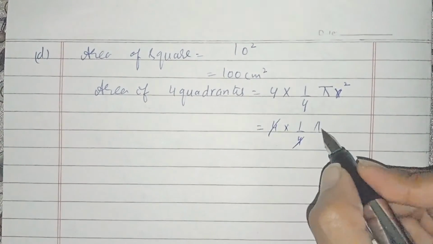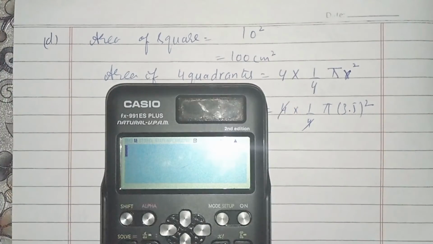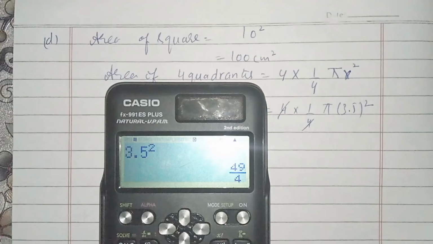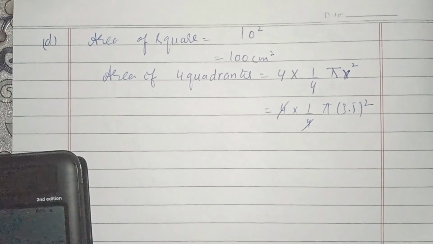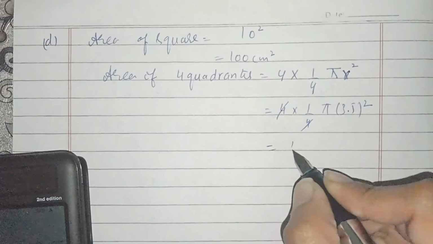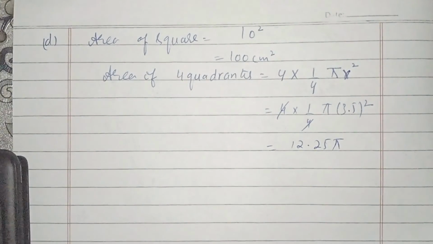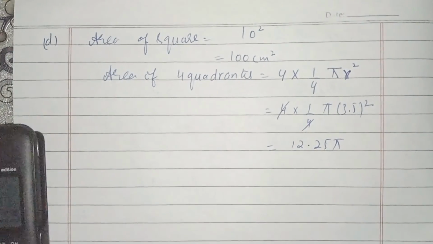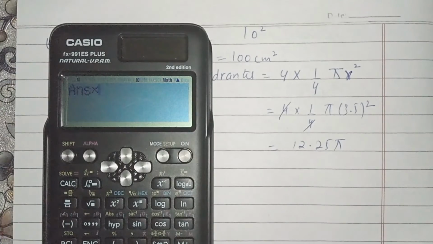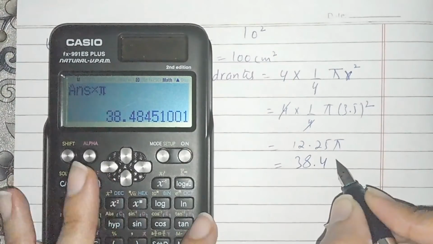This 4 cancels, and 3.5 squared is 12.25. We get 12.25 pi, and we have to subtract it from 100. 12.25 multiplied by pi and we get 38.4.